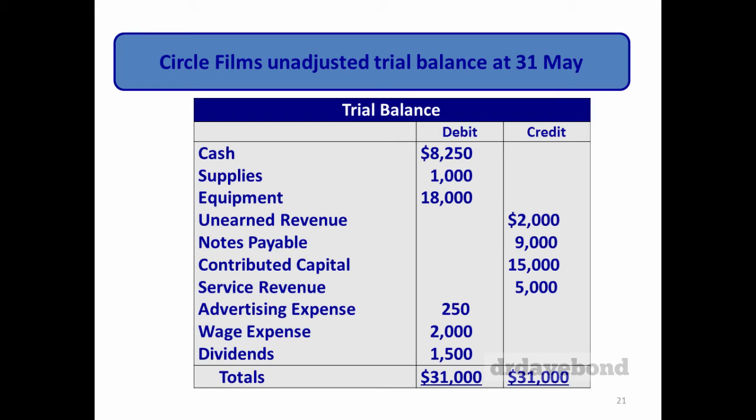And lastly, we've got the adjusted trial balance. This is the trial balance after we have made those adjustments. So we're going to work through this together, but in the weeks to come, you're going to have to be able to do this. So it's very much a good idea to play along.